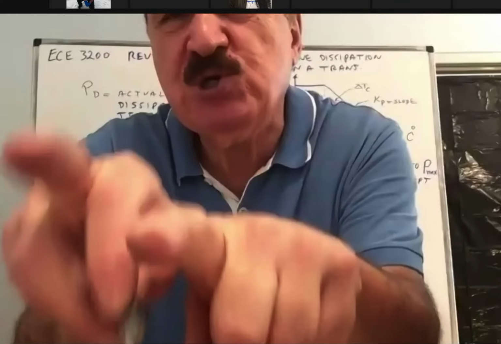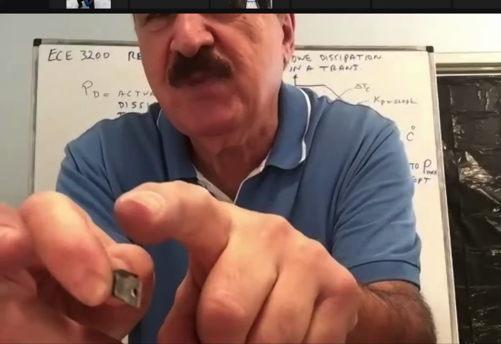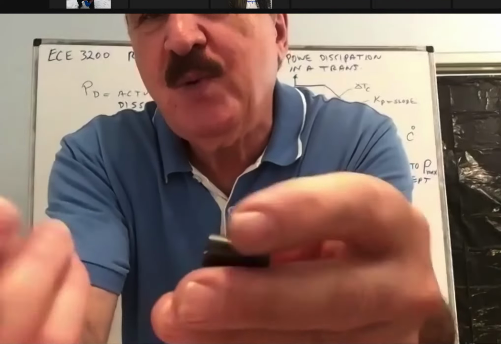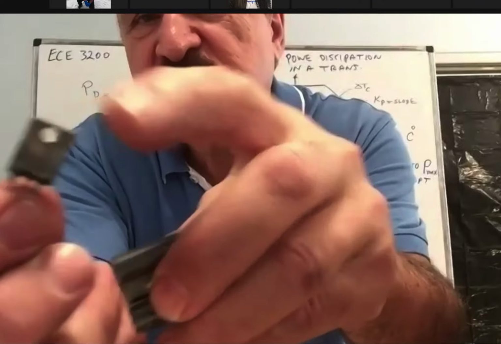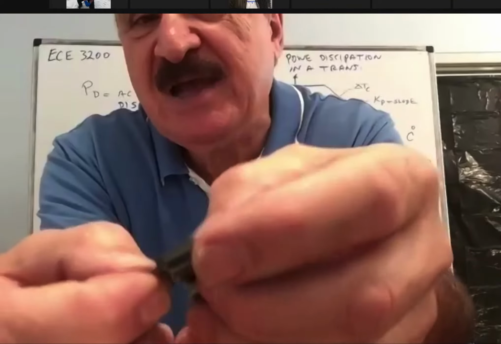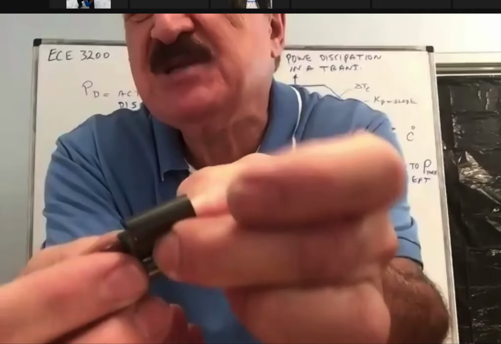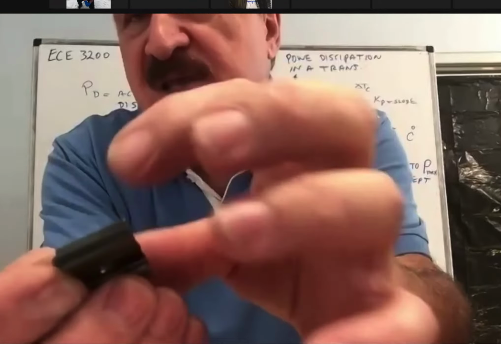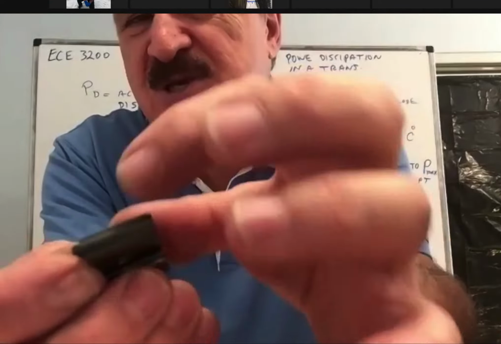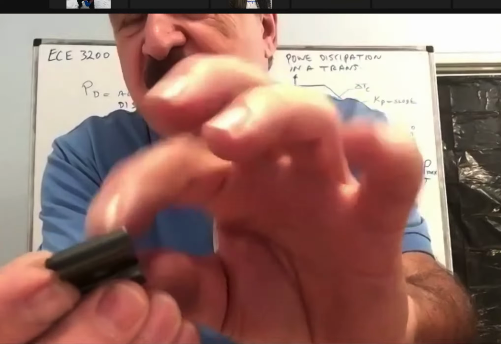So there is no temperature gradient between the two, metal to metal. So when the case of a transistor contacts that external metal, the case of the transistor has the same temperature as the metal itself, known as sink temperature or case temperature.